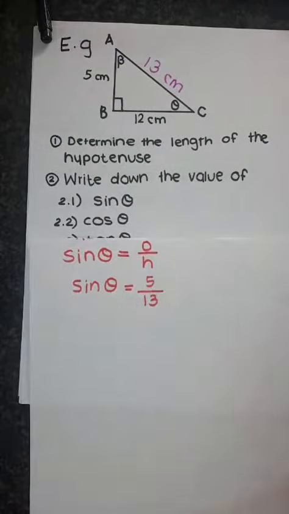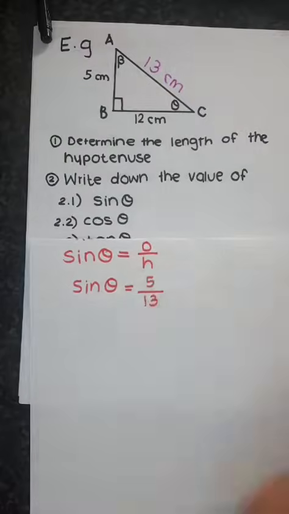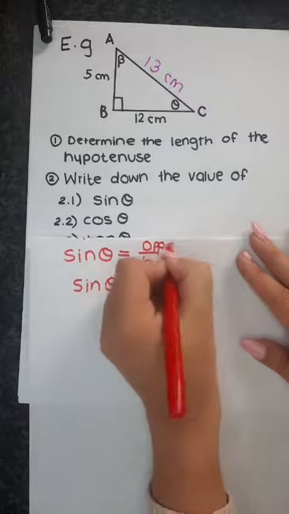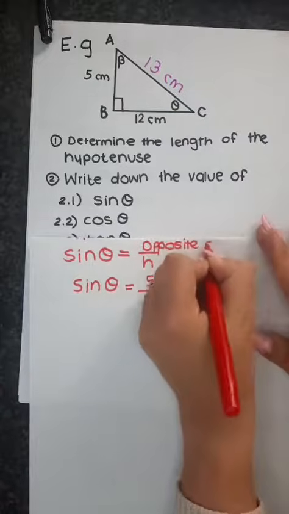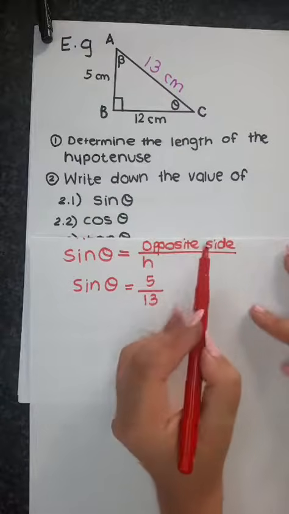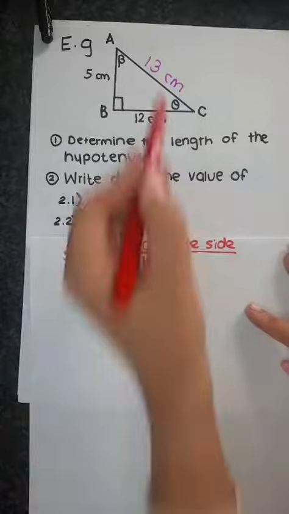So remember, sine theta is equal to the opposite side over the hypotenuse. Maybe I should just write it out for the first one. When I say opposite side, grade 10s, I mean the side that is opposite the angle. So we want sine of theta, not beta.